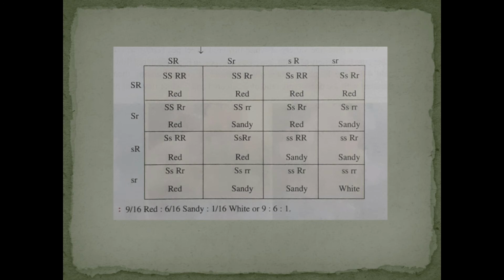We observe in this example 9 are red, 6 are sandy and 1 is white, a 9:6:1 ratio. Both capital S and capital R are red, small s small r are white, and 6 are sandy in color, with small ss and capital R, or capital S and small rr. Its ratio is 9:6:1.